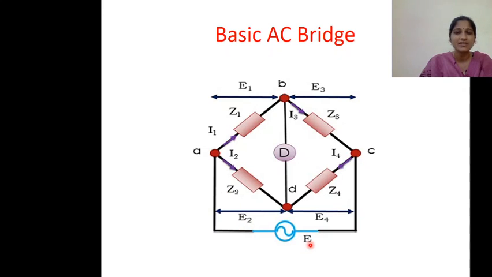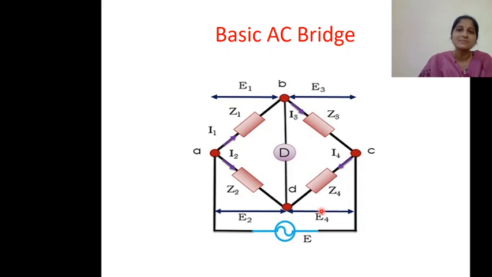E is the total voltage applied here. The current in the first branch is I1, in Z2 the current is I2, in Z3 it is I3 and in Z4 it is I4. Across Z1 the voltage is E1, across Z2 the voltage is E2, and Z3, E3, Z4, E4 respectively.